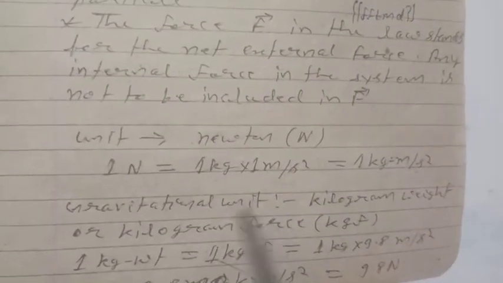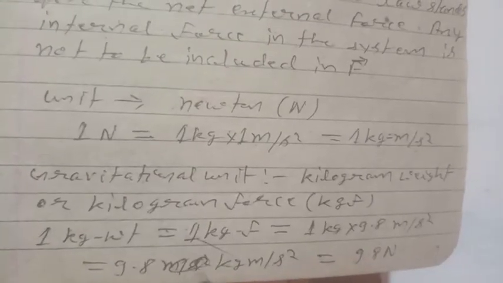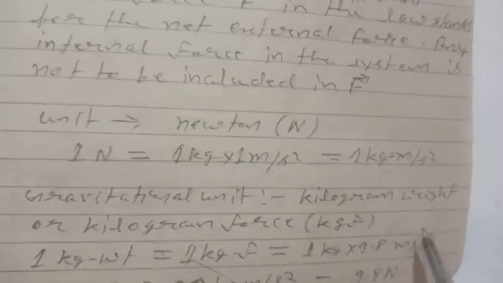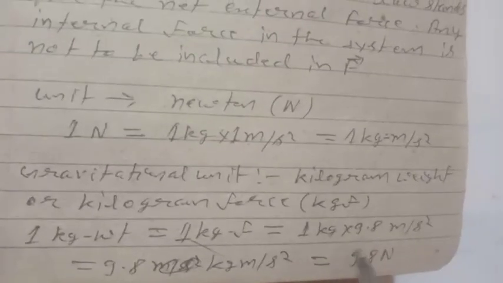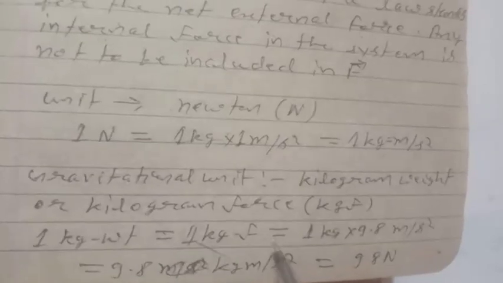Its gravitational unit is the kilogram weight, also called kilogram force, kgf. 1 kg weight equals 1 kgf equals 1 kg into 9.8 meter per second square, or 9.8 kg meter per second square, which equals 9.8 Newton. So 1 kg weight is equal to 9.8 Newton, or 1 kg force is equal to 9.8 Newton.